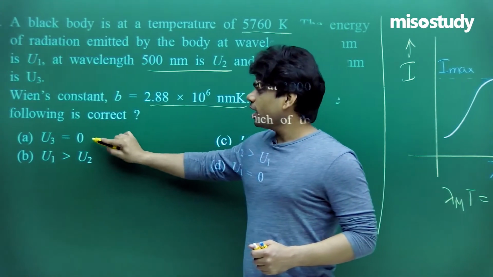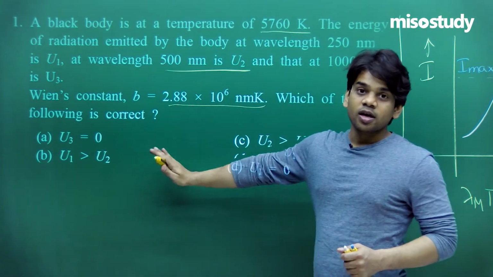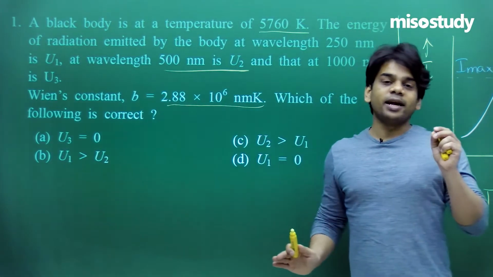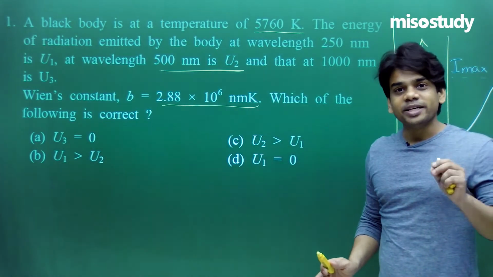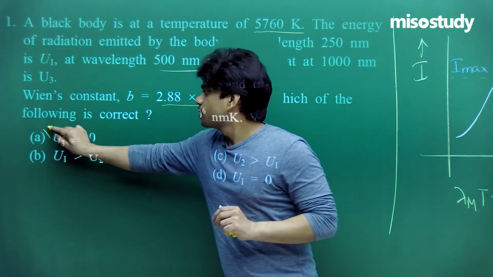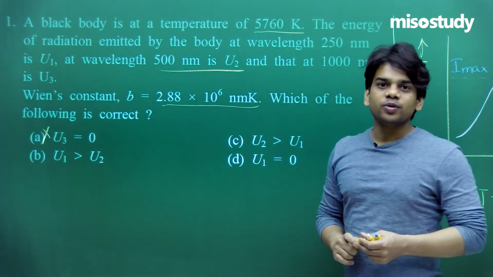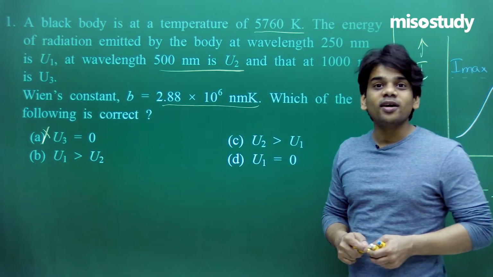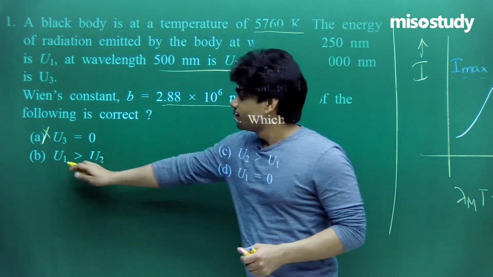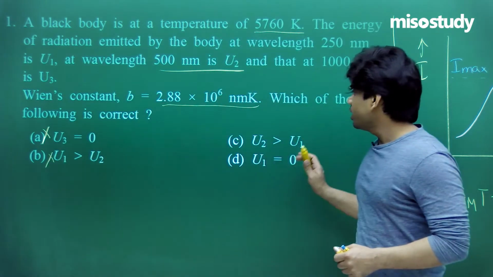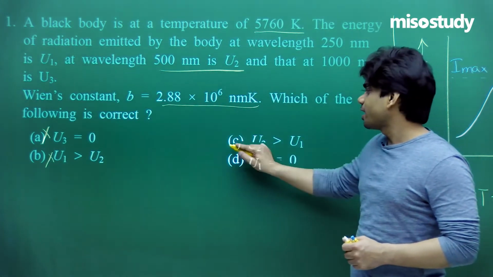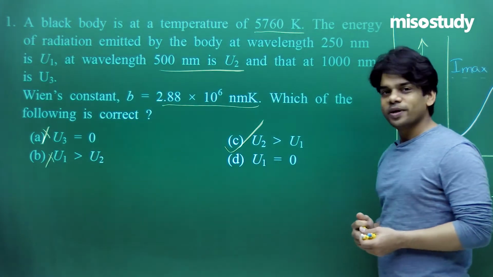Option A, U3 is 0. At each lambda some energy will be emitted, so U3 cannot be 0. B, U1 greater than U2, that is also not a possibility because maximum is U2. Incorrect. C, U2 greater than U1, yes, this is correct because U2 is maximum, so U2 will be greater than U1.